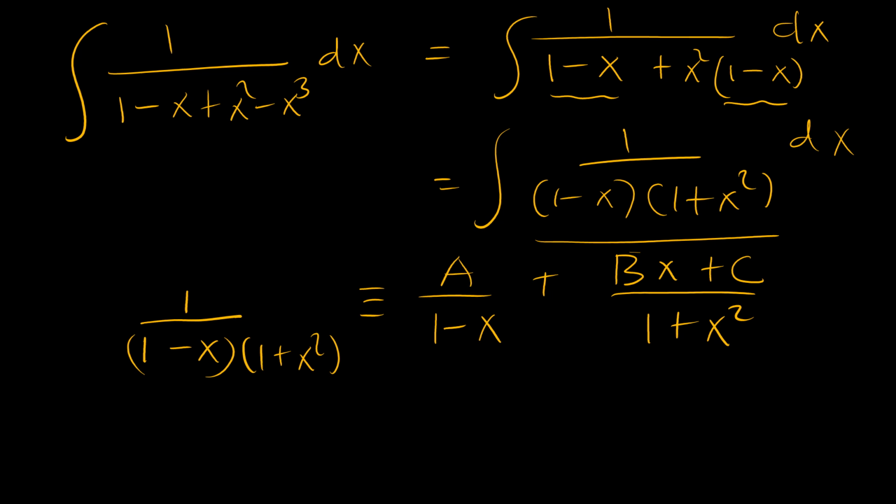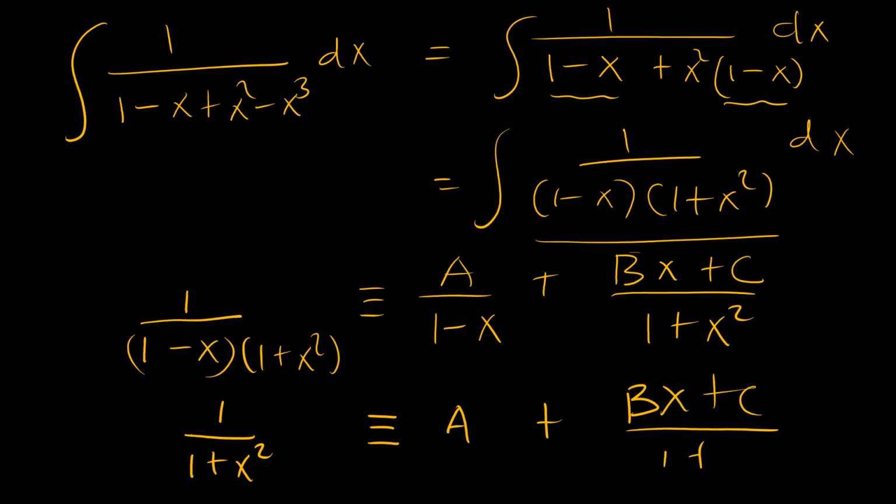So let's go ahead and multiply 1 minus x across, so that we get 1 over 1 plus x squared being equal to a plus bx plus c over 1 plus x squared times 1 minus x.